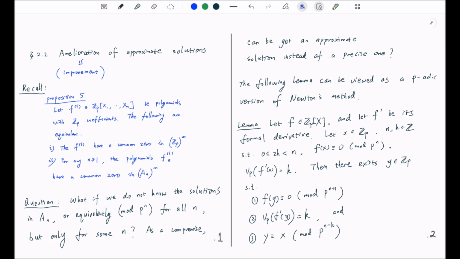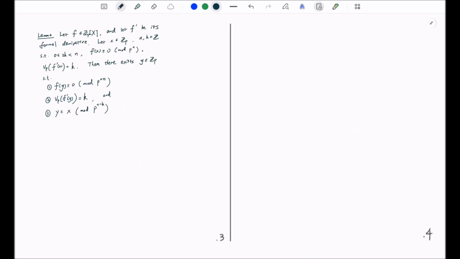So this is our p-adic Newton's method lemma. Now let's prove this. The core part in the proof is the construction of this y. And in view of the third statement we want to prove, we are going to construct y as follows.